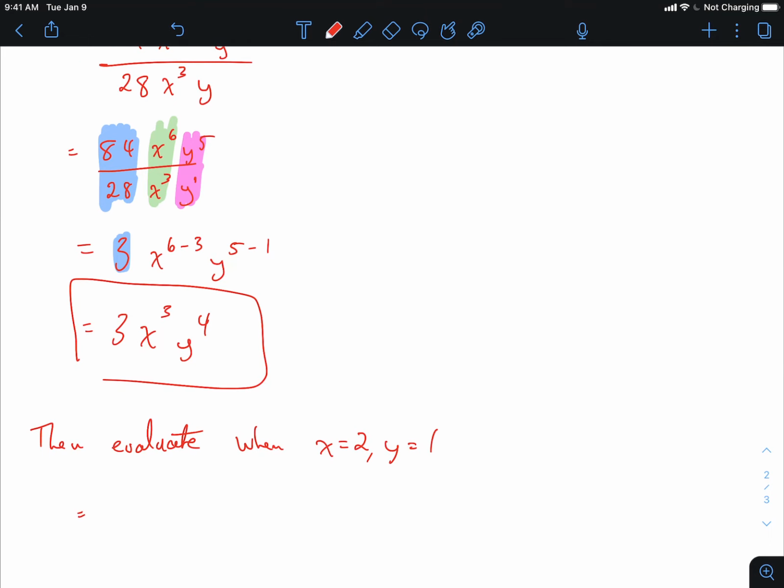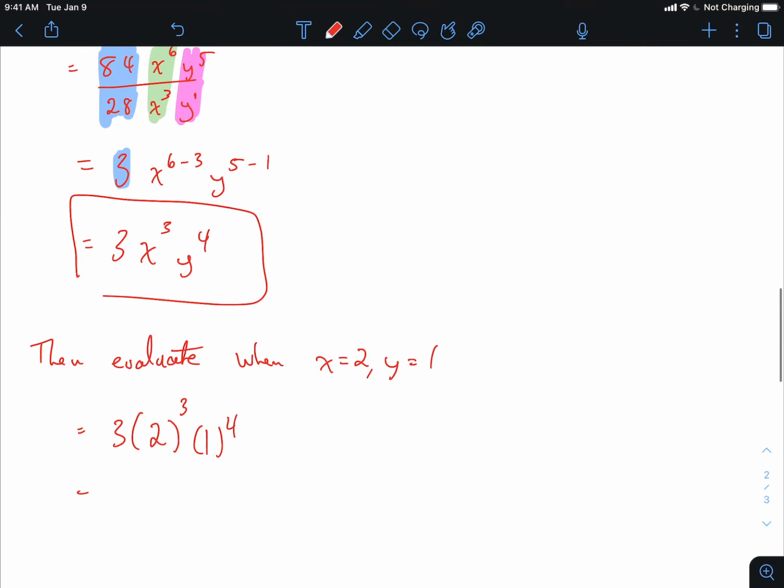So what you would do is say, okay, well, it's 3 times 2 cubed times 1 to the 4. You could type that in your calculator and call it a day. You plug them into where x and y show their faces, and then you just give me a number. That would be an extension. It would say simplify, then evaluate. Is everybody okay? I haven't taught you that yet, but it's a future question.